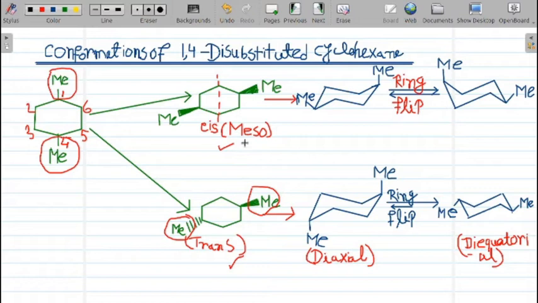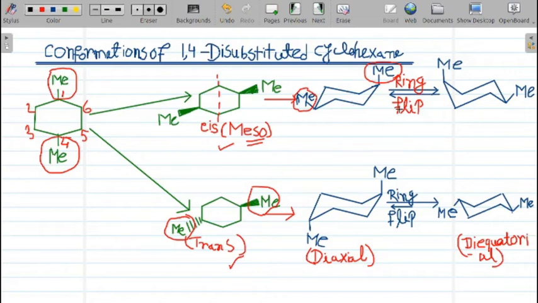In the cis isomer of the 1,4 disubstituted cyclohexane, or 1,4 dimethyl cyclohexane, you can see that in the chair conformation one methyl group is present at the equatorial position and another methyl group is present at the axial position.